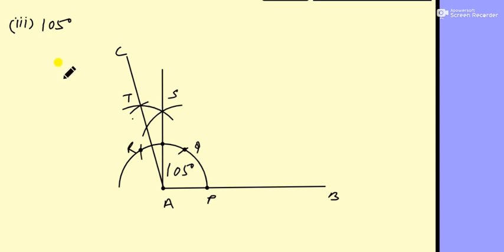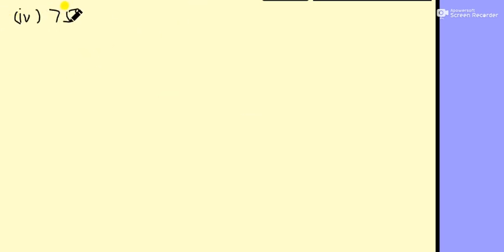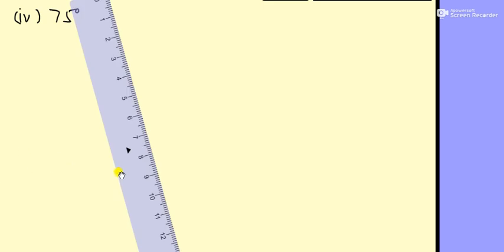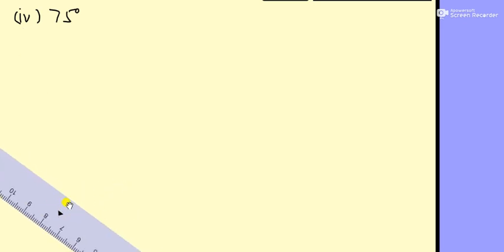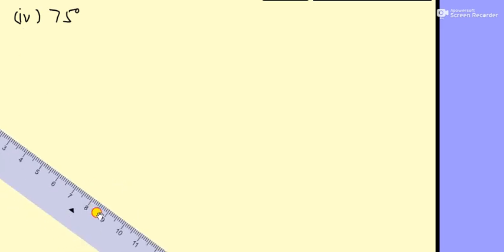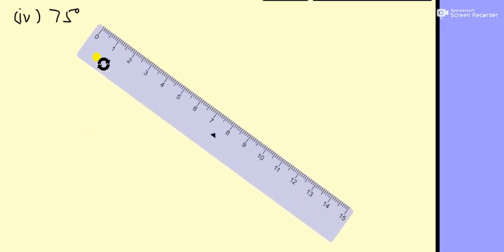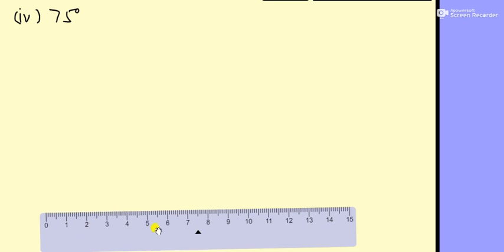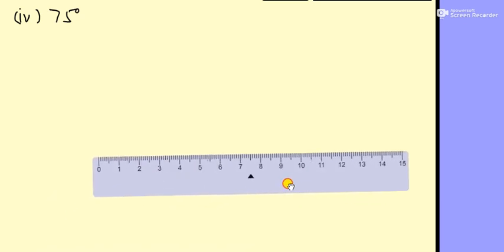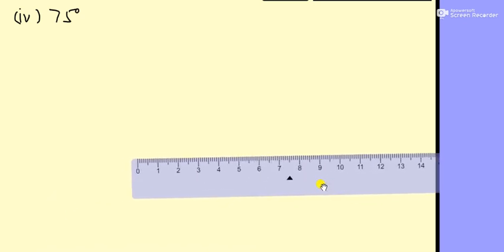So that is it, now come to the next angle. Next angle is 75 degrees. So how can we construct this angle? So it is very simple. First of all, you can take the scale like this. You can take here and measure some length.